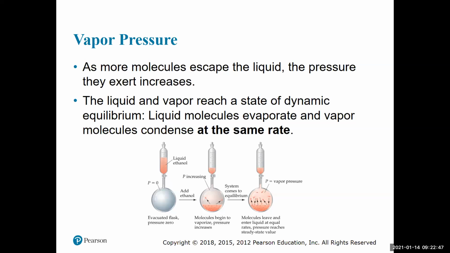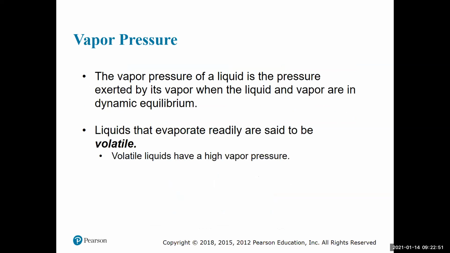So you say, who cares? I don't do anything in an evacuated cylinder or anything like that. But what vapor pressure really tells us is how volatile something is. Liquids that evaporate easily, we say those are volatile.